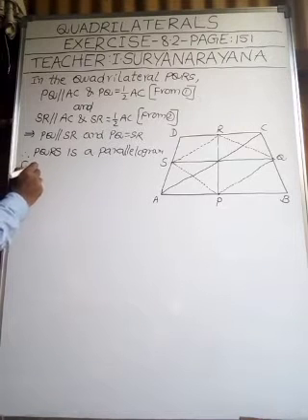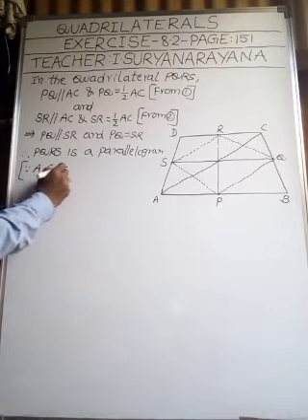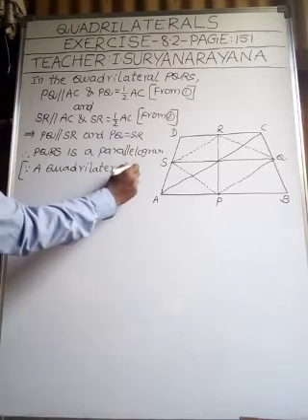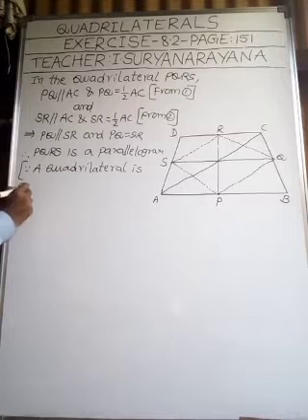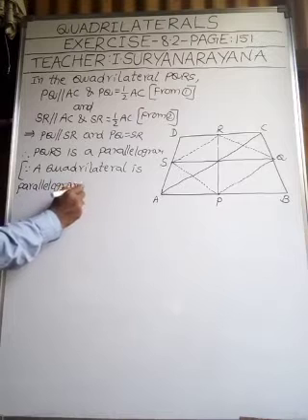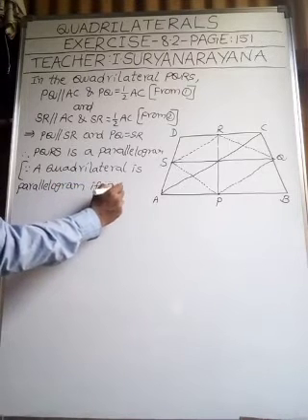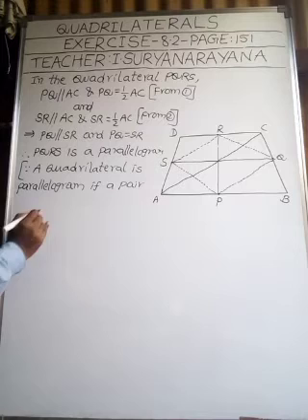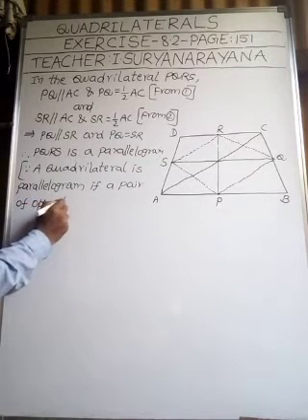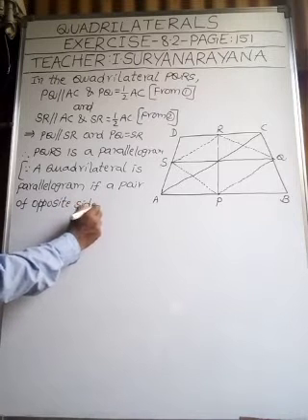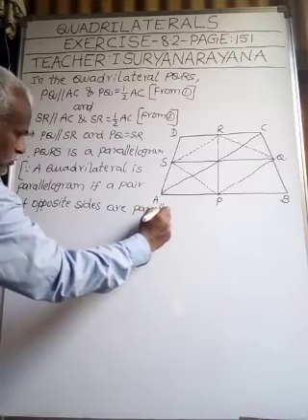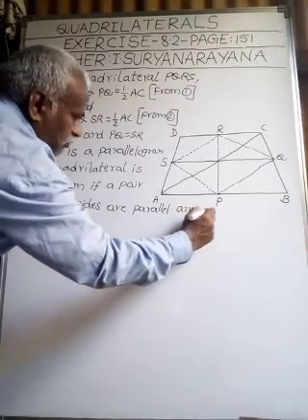Because a quadrilateral is a parallelogram if a pair of opposite sides are parallel and equal.